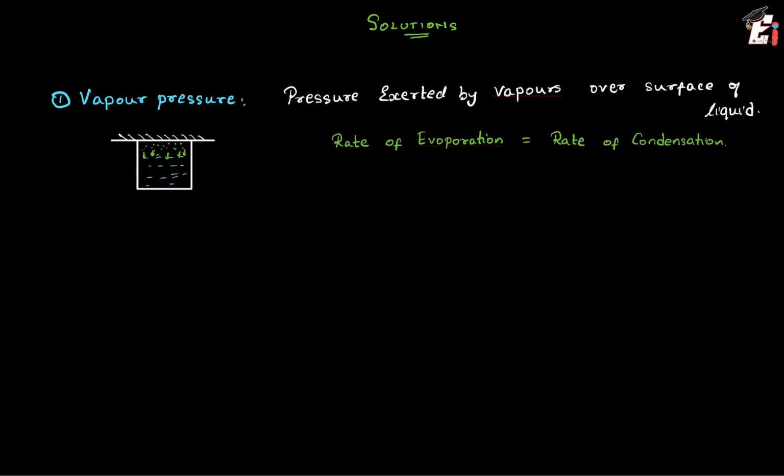Now what are the factors which affect vapor pressure? The factors that affect vapor pressure are, first, temperature.